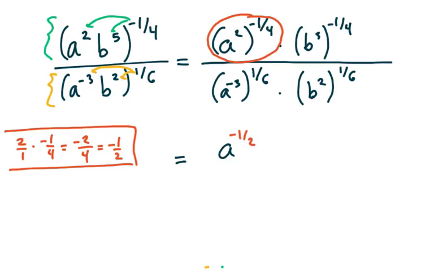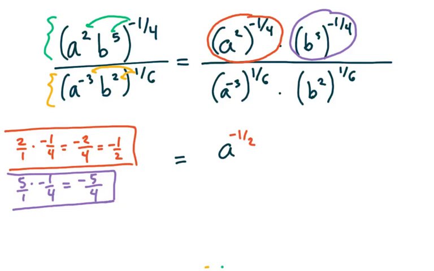Let's do the same thing for our b term in the numerator. We can see there it's b to the fifth raised to the power of negative 1/4. So 5 times negative 1/4 is really 5 over 1 times negative 1 over 4, which would be negative 5 over 4. It doesn't reduce.